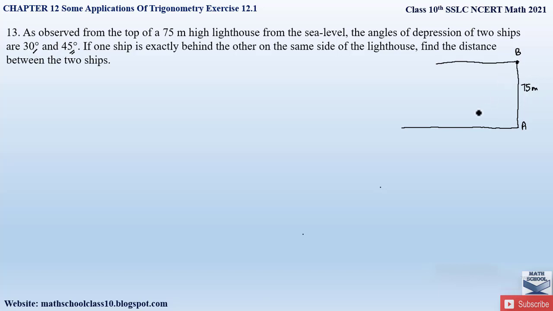Okay, so if we assume the two ships are at point C and D, this is point C and D. So the angle of depression from the top of this lighthouse to the first ship is 45 degree. Right, so the angle of depression is formed between the horizontal line and the line of sight. Similarly, the angle of depression to the second ship will be 30 degree. So this is 30 degree from the horizontal line.